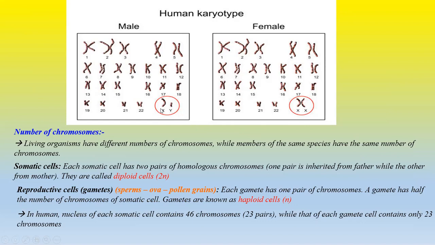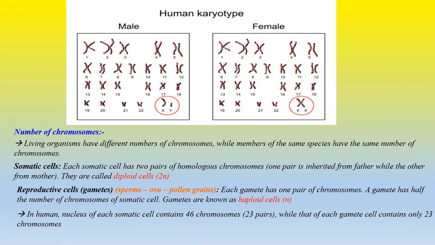Okay, so they found that the number of chromosomes in all living organisms is different from one organism to another. In the same species they have the same number of chromosomes, while from one species to another, the chromosomes differ. For example, we have a certain number of chromosomes; our brothers in Mozambique and our brothers in America all have the same chromosomes, as long as we are human beings, we have the same number of chromosomes.